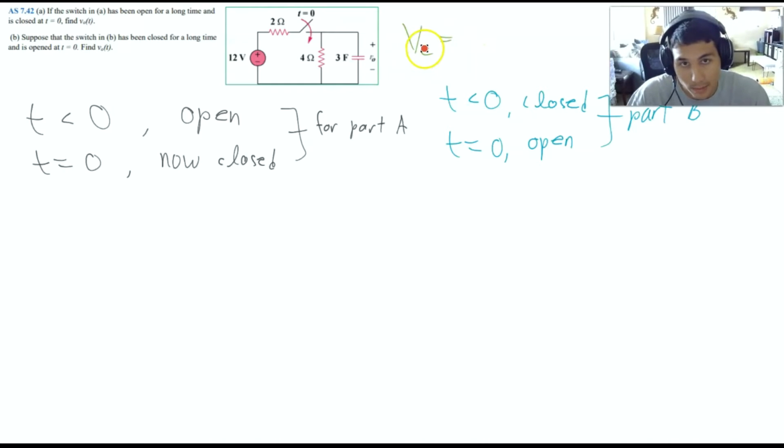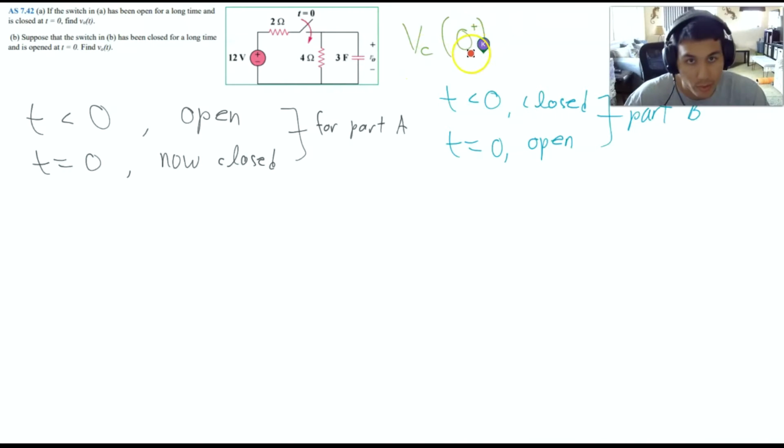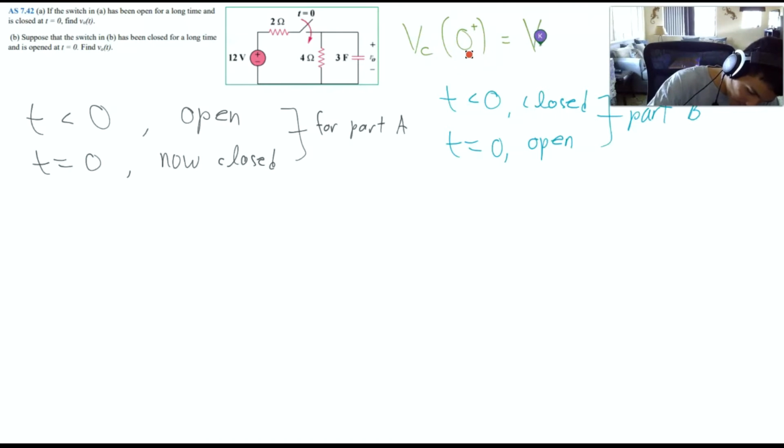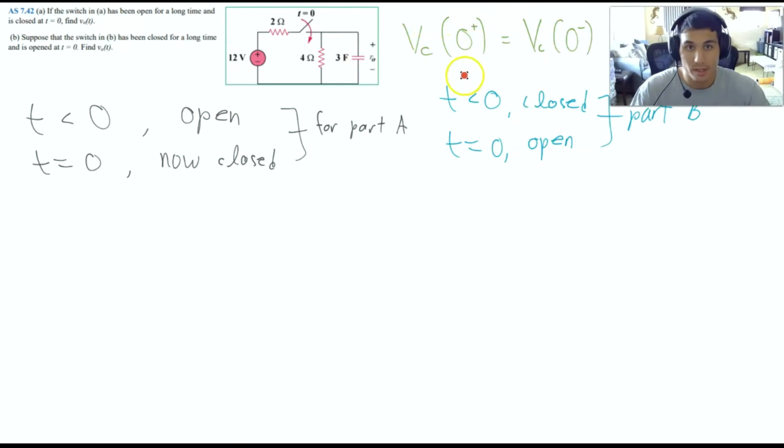So the voltage across the capacitor at V_C(0+), just right after you closed it, and V_C(0-), which is right before you closed it, they're the same. So remember, the voltage in a capacitor doesn't change instantly, even if the switch does. The current can change, but the voltage across this capacitor can't change instantly.